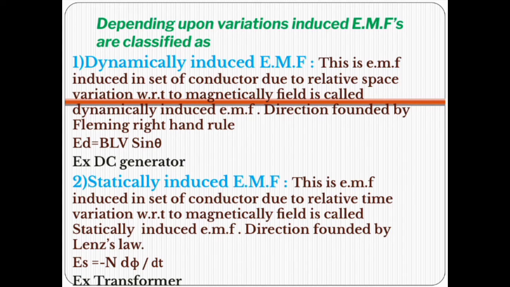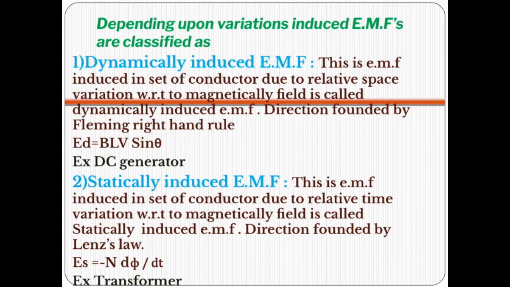Coming to the definition of dynamically induced EMF, this is the EMF induced in a set of conductors due to relative space variation. That means either the field or the set of conductors must be rotated.